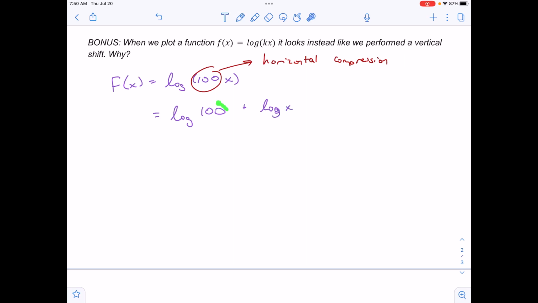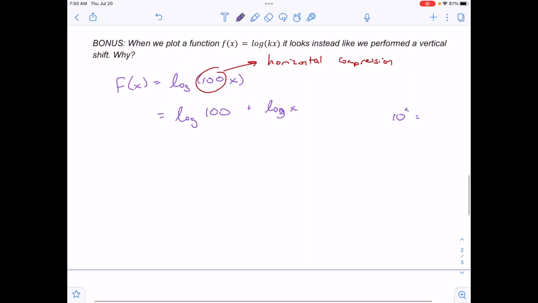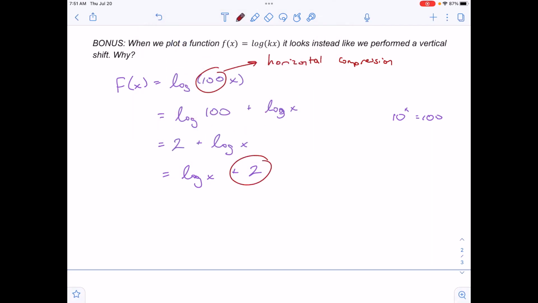Can I actually simplify my first term here? 10 to the power of what is 100? Well, that's 2. And if I move my 2 to the back, well, gosh, doesn't that look like a vertical shift? So sneaky, eh? So that's why any type of horizontal stretch or compression you do is just going to be looking like shifts because of log laws, which is pretty neat.